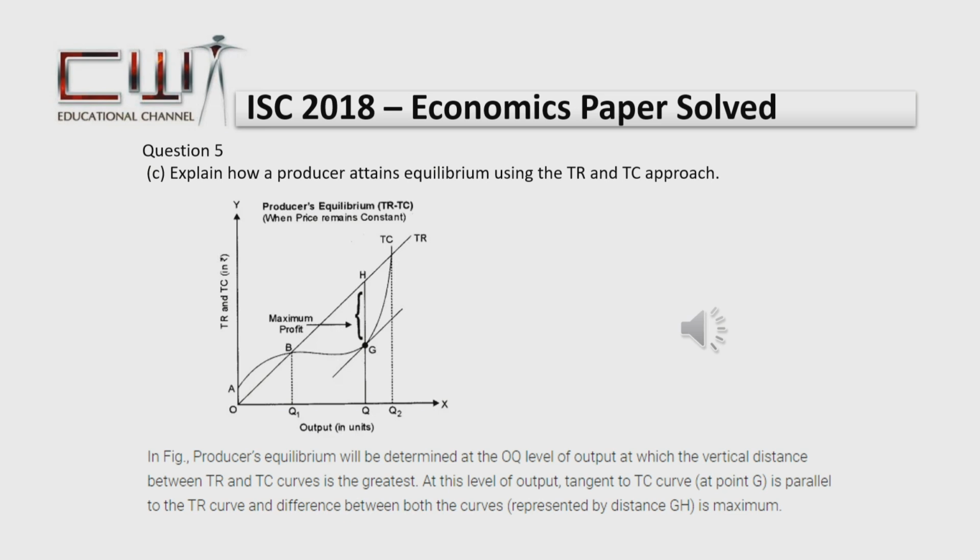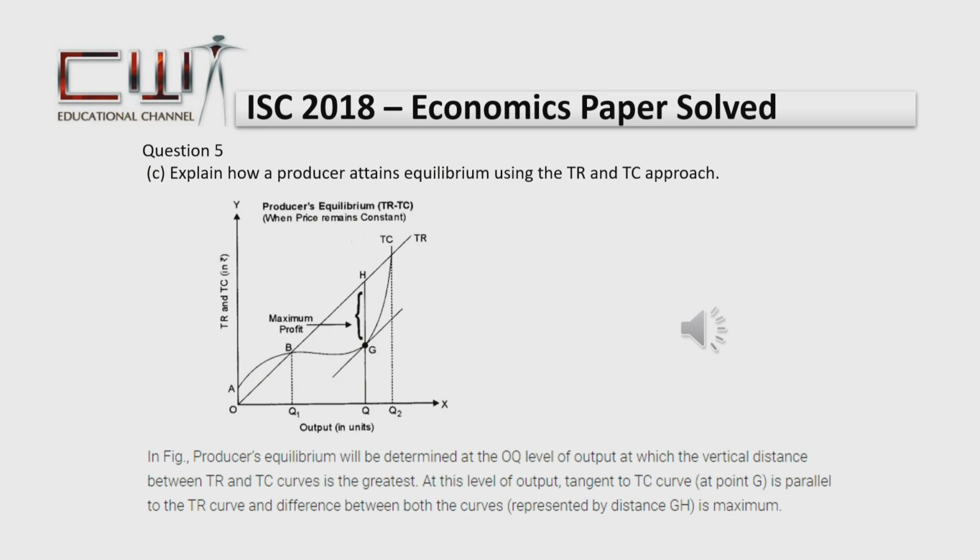If we see this in terms of a graph, TR and TC are reflected on the y-axis and the quantity or output is reflected on the x-axis. TR is the total revenue curve and TC is the total cost curve. Now, the producer's equilibrium will be determined at the level of OQ output, at which the vertical distance between TR and TC is the greatest.